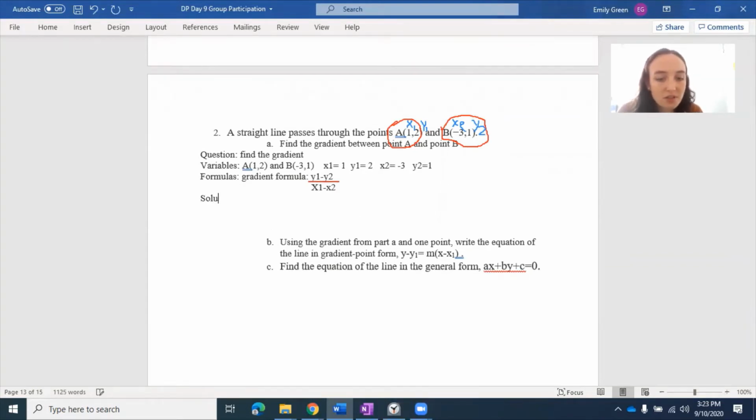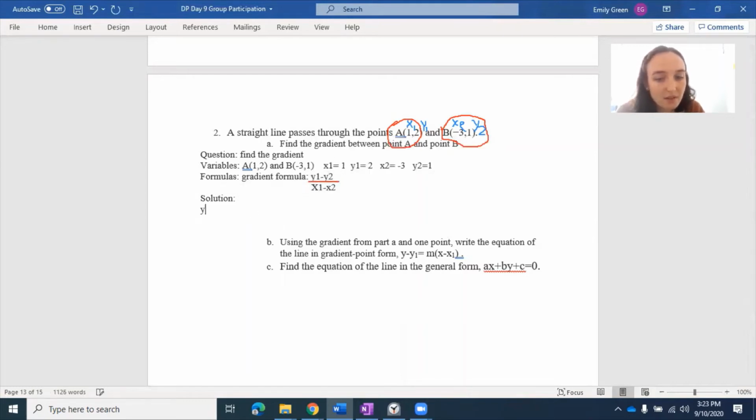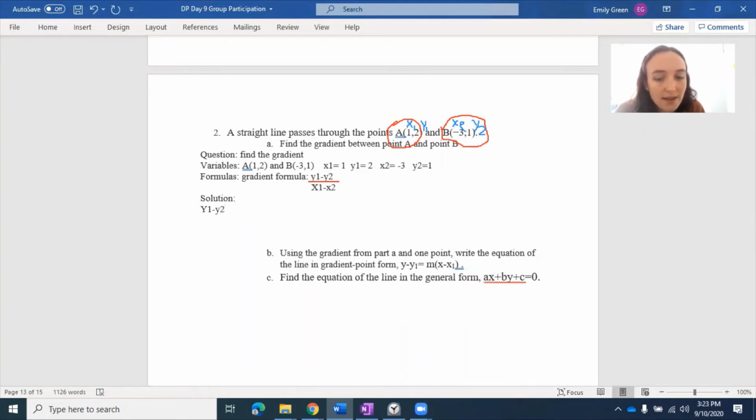So our solution, it's going to take the y1 minus y2 and the x1 minus x2 that we had before. Let me just write that down here. And it's going to plug in all of those numbers that we just labeled.